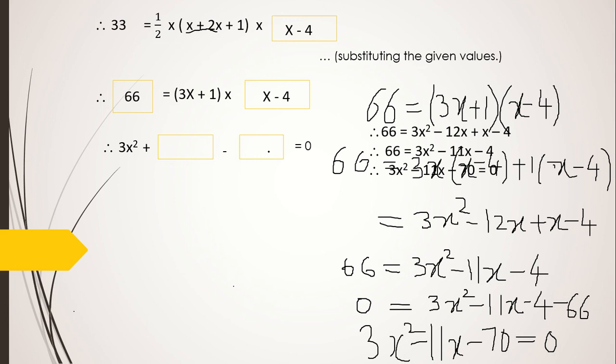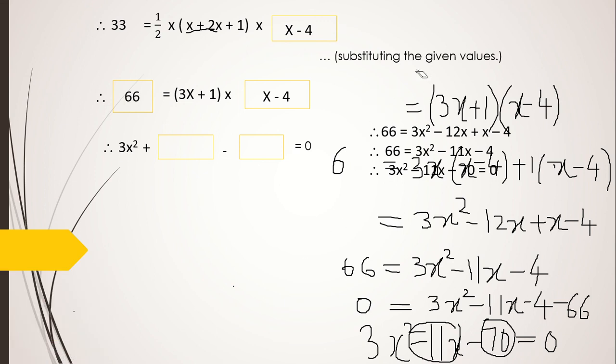So 3x square minus this 11x you will get, and minus is already outside the bracket, so you will just write this 70 there. 3x square plus minus 11x minus 70 is equal to 0.